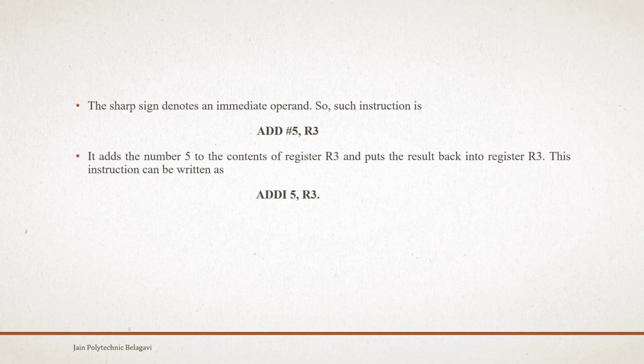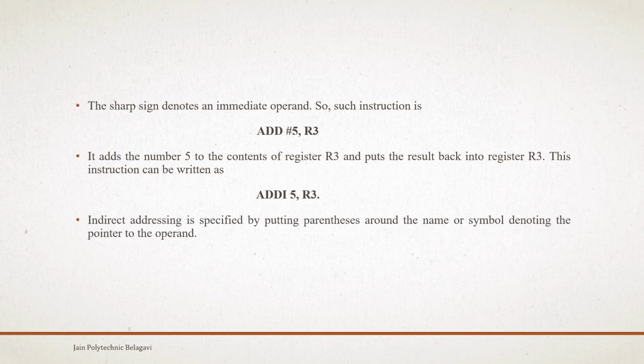It adds the number 5 to the contents of register R3 and puts the result back into register R3. This instruction can also be written as add I 5 comma R3. Here I means we are using immediate addressing mode.